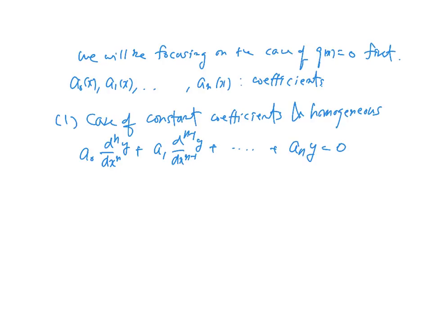And also, of course, the source term q(x) is 0, so it's a homogeneous ordinary linear differential equation with constant coefficients. So a0, a1, an constant.